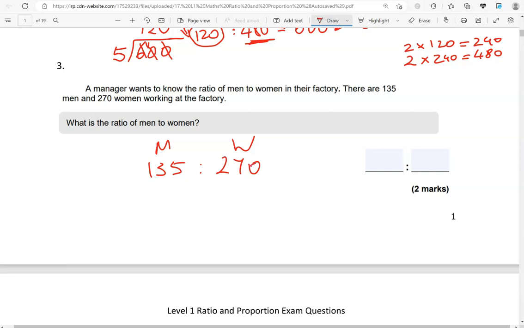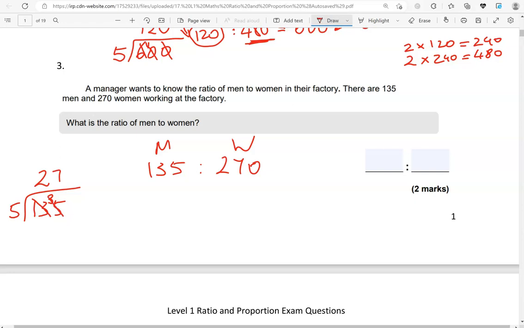They both finish in either 5 or 0, which suggests that they both can be divided by 5. So 135 divided by 5, what is that? How many 5s fit into 13? That is 2 of them, so we have 3 remaining. How many 5s into 35? That is exactly 7.